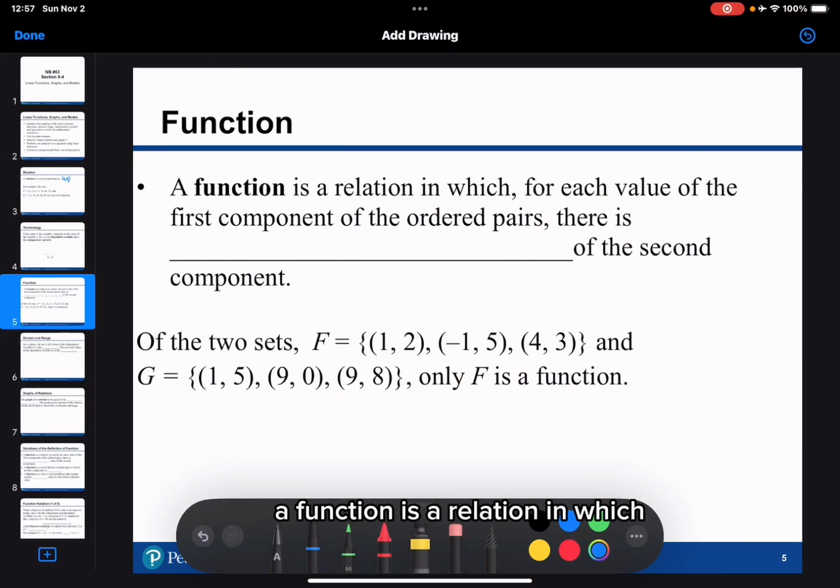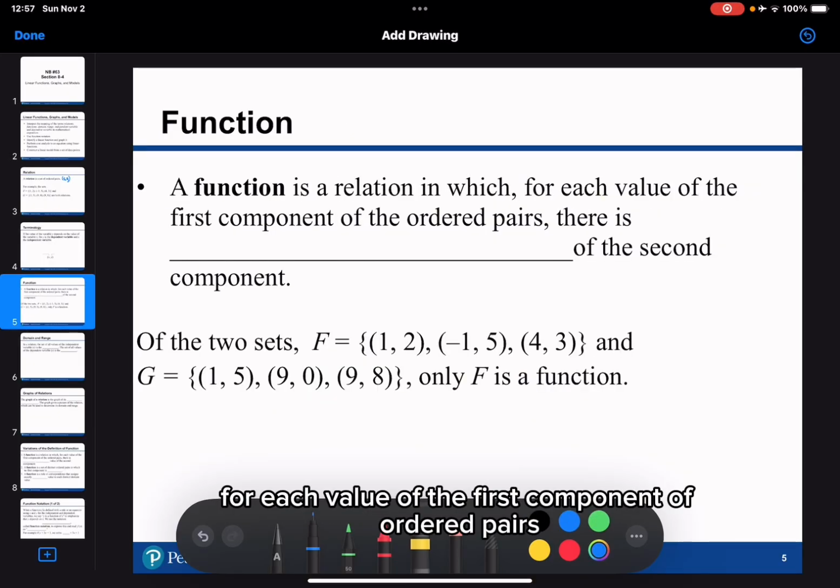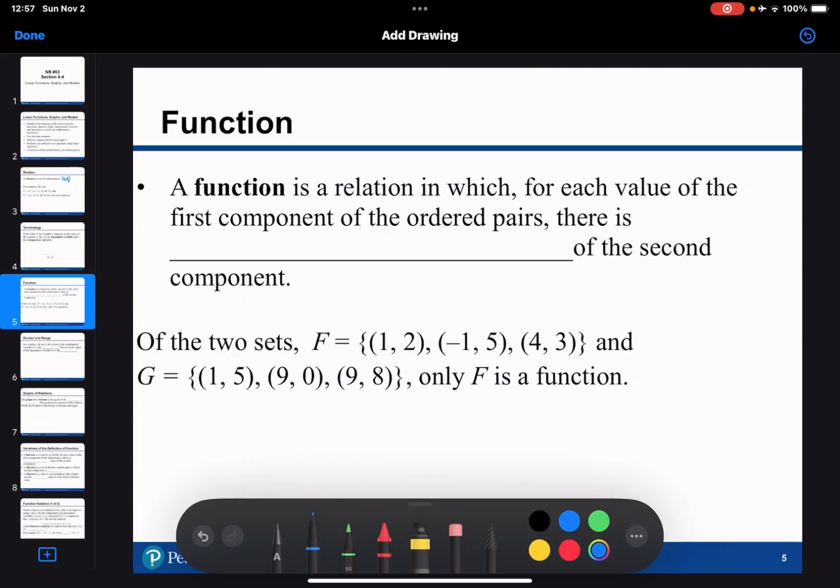A function is a relation in which for each value of the first component of ordered pairs, there is exactly one value of the second component.